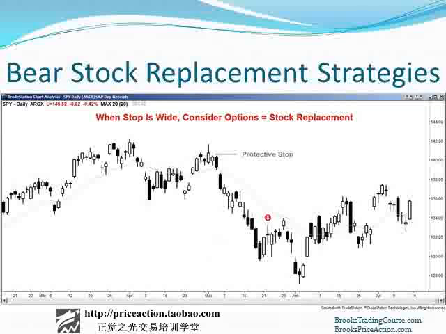You can reduce your position size to a 20% size, but if the position size is so small that you don't want to continue to hold, you can replace your stock position, your short spider position, with a put. So you simply buy back your stock for a profit. If you sold it up here, you have a big profit, and you can then go ahead and buy a put or a put spread to try to capture any additional gain that the market might offer you.